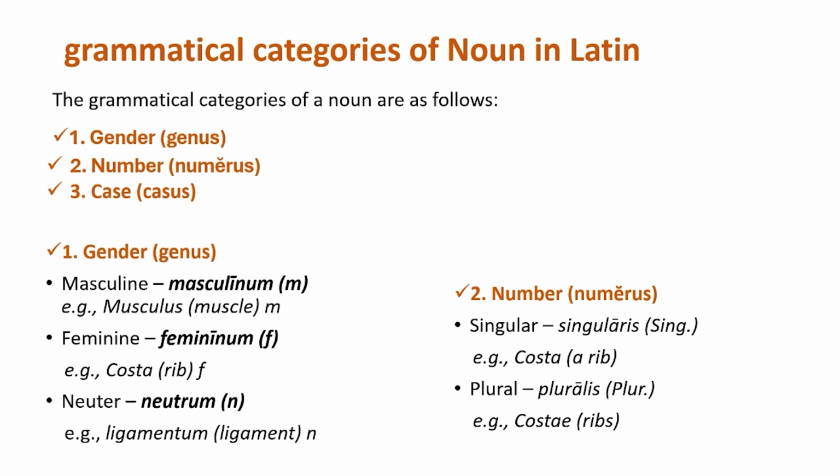They are often abbreviated as sing, or plur for plural. Singular, as you can understand, is quite self-explanatory, only one, such as a rib, a sternum, a bone. Plural means more than one, such as costae, meaning more than one rib. So these are examples of numbers.